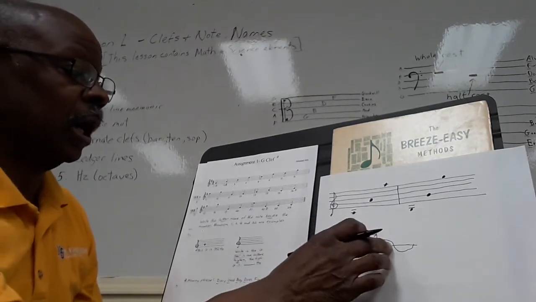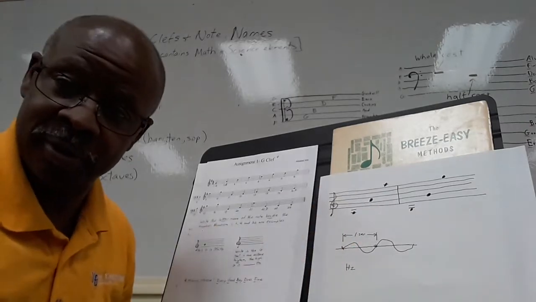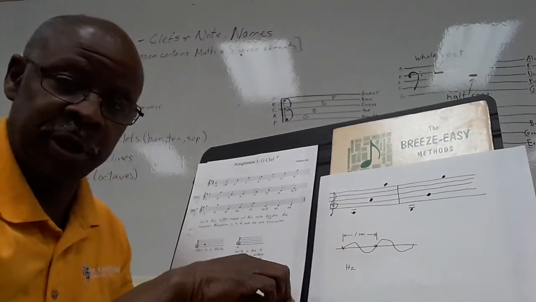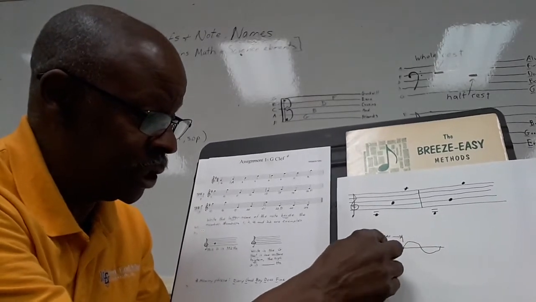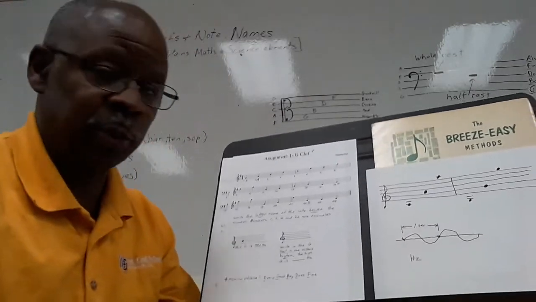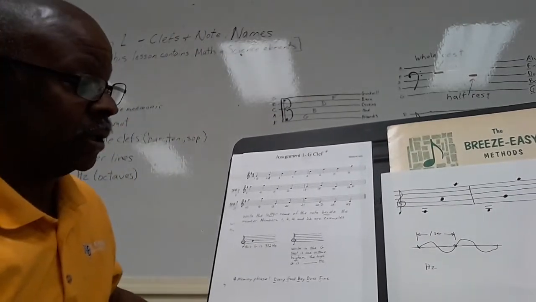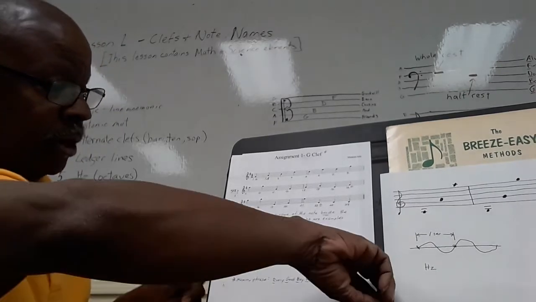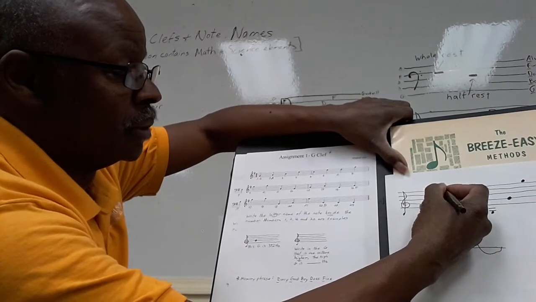All right. The human ear can't hear 1 hertz. The human ear doesn't start to hear until we get up to 20 of these in 1 second. 20 of these really fast. Now, the A that we use when we tune the violin, this A right here, is 440 hertz.